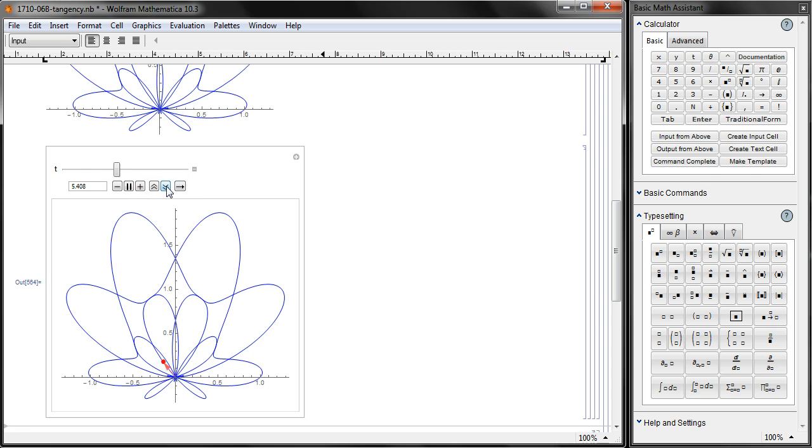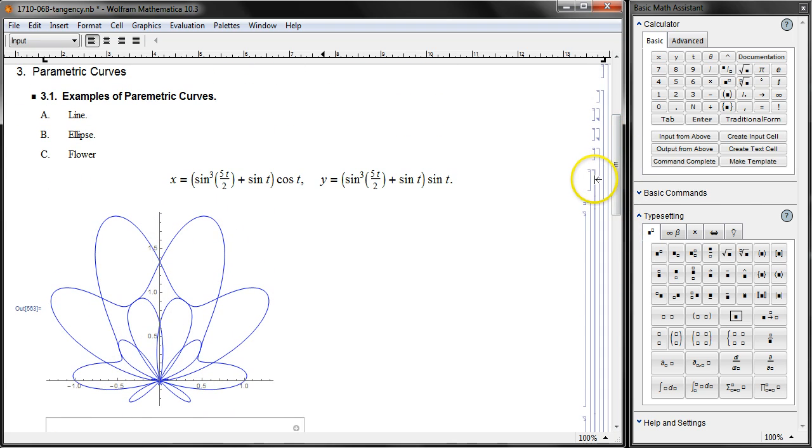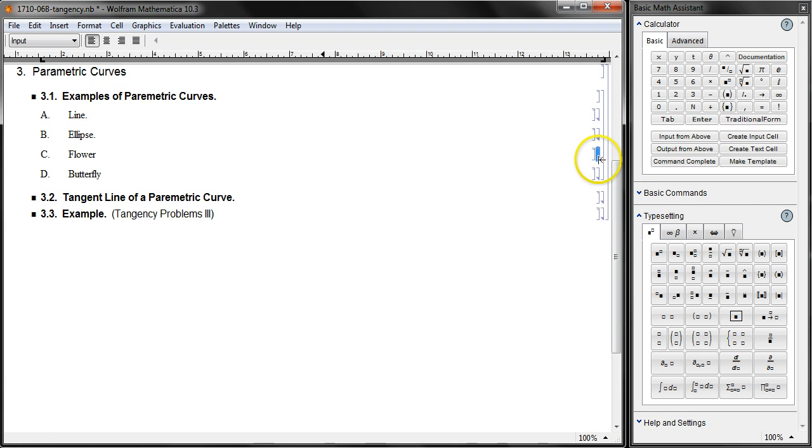Oh, let's slow down a little bit. The point is x of t comma y of t, and the position of that is represented by the tip of this arrow, as a matter of fact, as a vector quantity. And x of t represents the horizontal position of this red dot, and y of t is the vertical position. Both x and y are defined in terms of periodic functions, and that's why we have a closed curve.